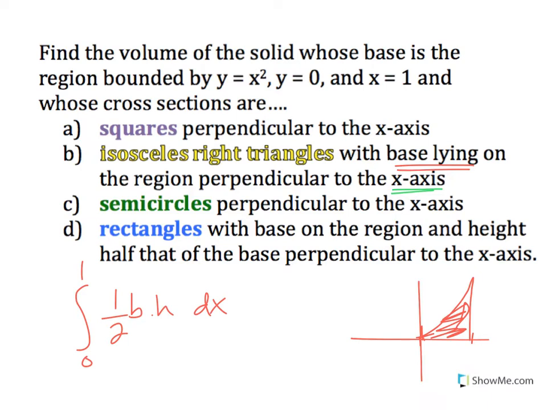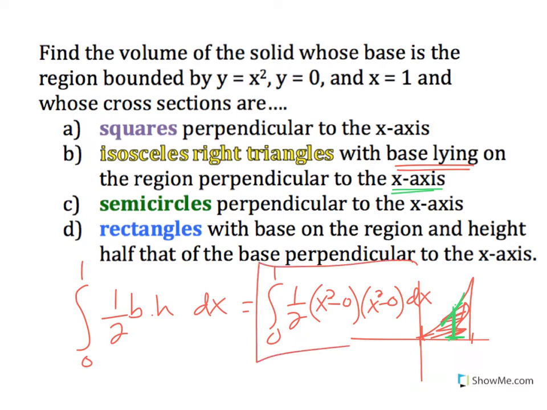The distance of one of the congruent sides ends up being that same x squared minus 0 function, and that is the exact same as the height. So the setup would be the integral from 0 to 1 of 1/2, the base is that vertical distance, x squared minus 0, and the height is assumed to be the same. It ends up being 1/2 x to the fourth once you work that out. But this is the setup for an isosceles right triangle.